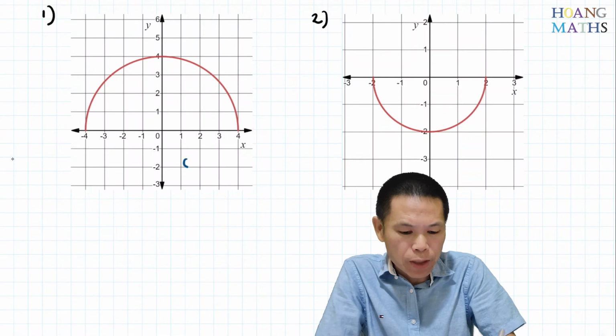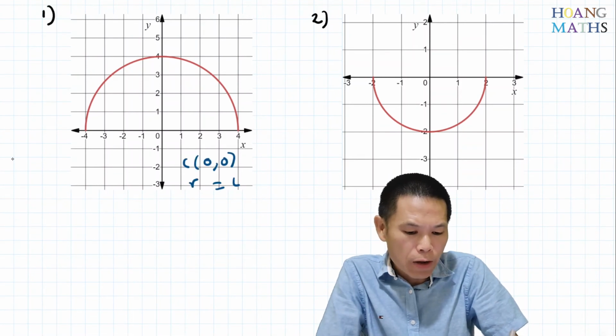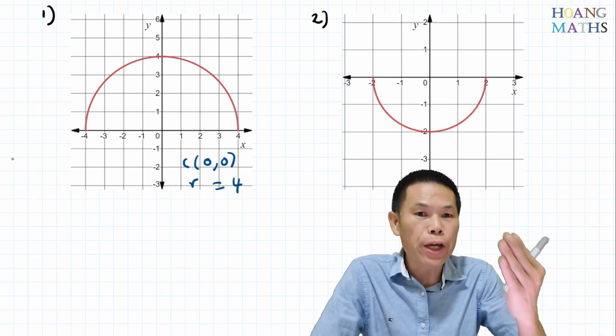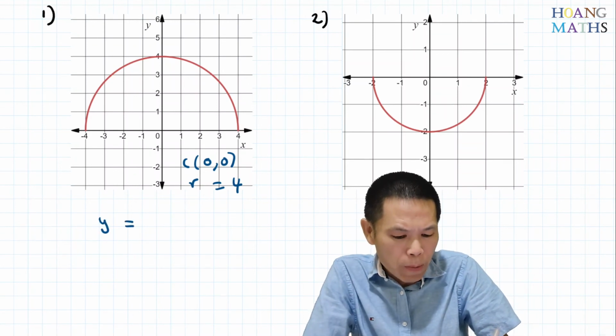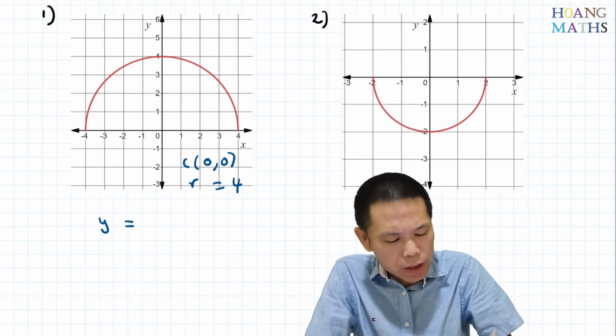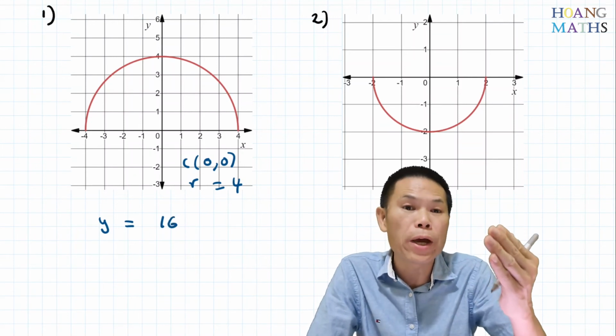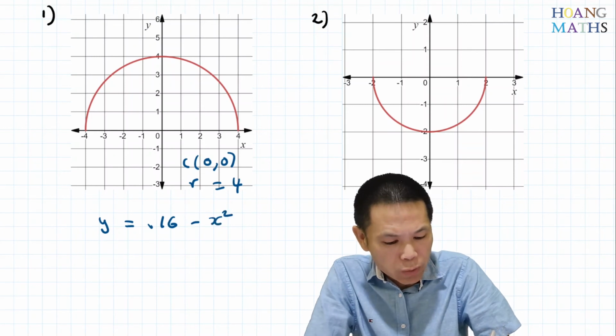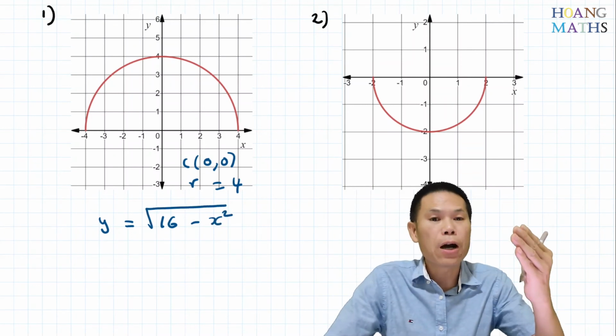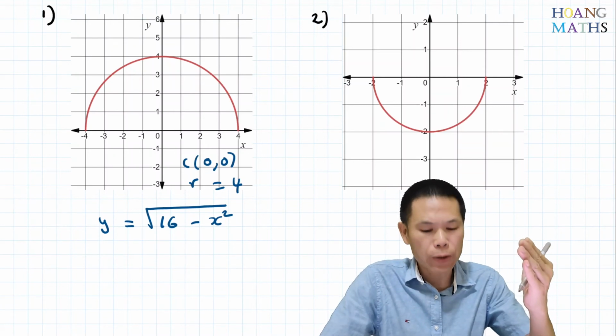The center of this is 0, 0. And the radius is 4. So therefore, the equation for this is y is equal to the square root of r squared, which is 16 because 4 squared is 16, minus x squared. There you go. This is a semicircle.